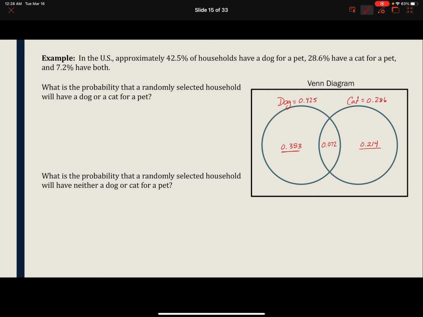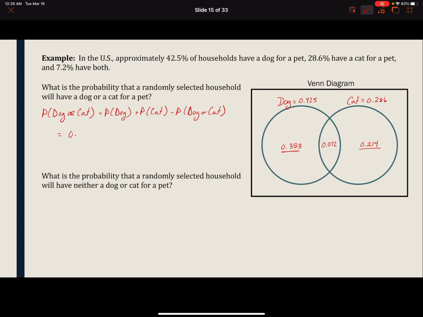So when we want to find the probability that a household has a dog or a cat, I'm going to use the formula. We'll want to find the probability that the household has a dog plus the probability that the household has a cat minus the probability that they have a dog and a cat. Because I'm using the formula, I'm not looking at the Venn diagram, I'm looking at the values in the problem.